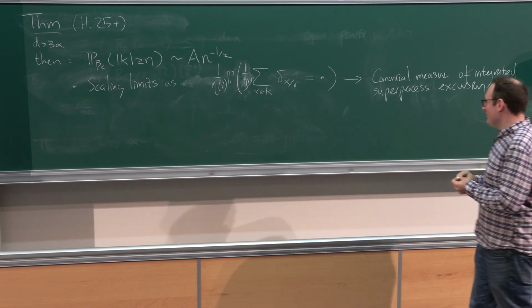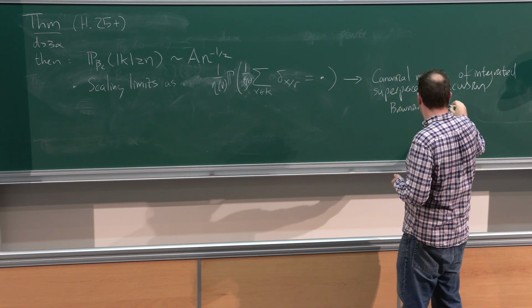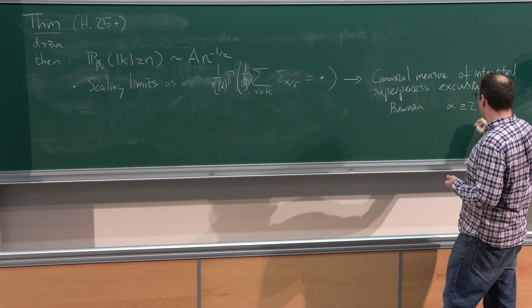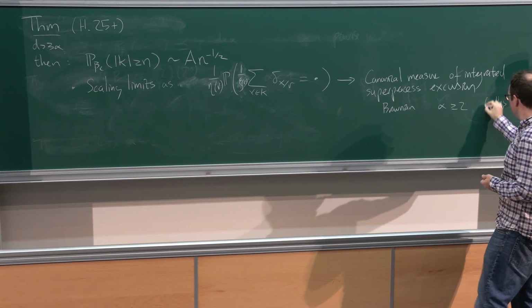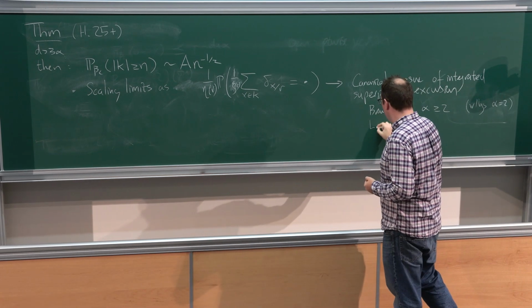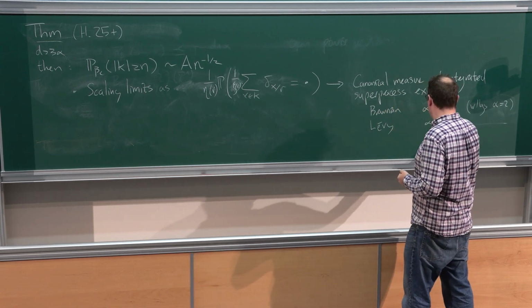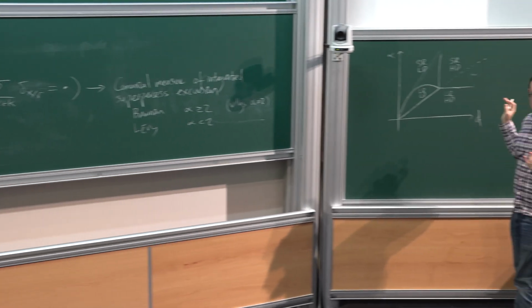Right, so it's Brownian if alpha is bigger than 2, with logs when alpha is equal to 2, in that you have to put some additional log scaling to get it to come out right, and it's Levy when alpha is less than 2. So it's an interesting thing, even though this method is a very long-range thing, it does still apply, at least sometimes, in the regime where you're effectively short-range.